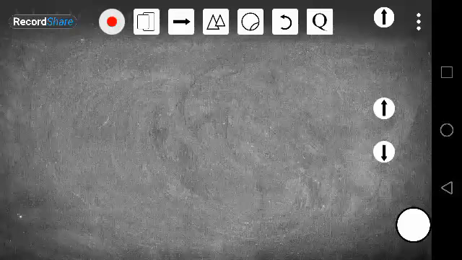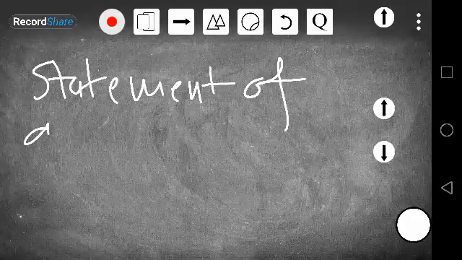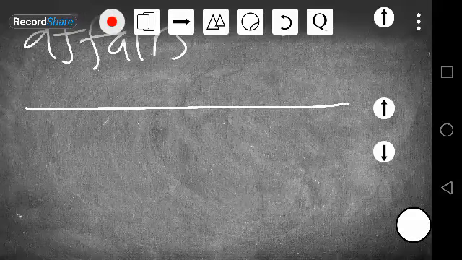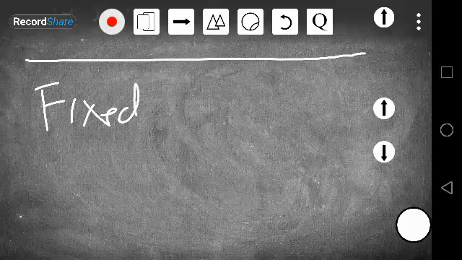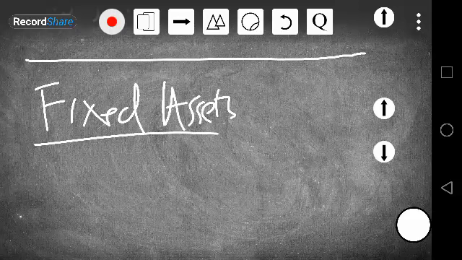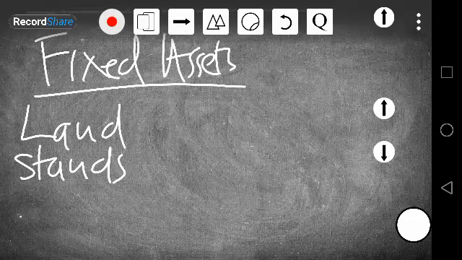So the first thing is we need to draw a statement of affairs. So the statement of affairs will look like this. We start with the fixed assets. We have land, stands, and equipment.